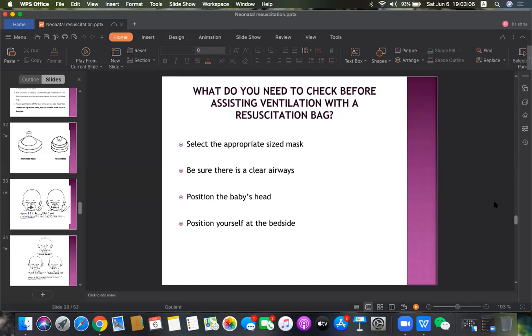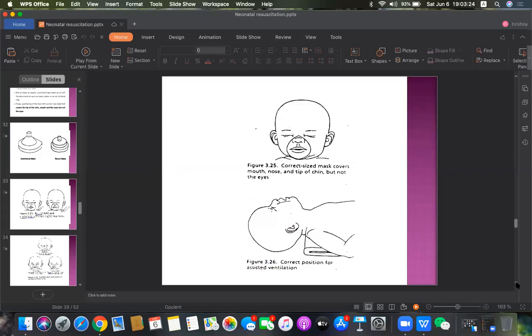I have explained this point already. And position yourself at the bedside. The correct position is you stand towards the head end of the baby, not towards the foot end, because we need to do resuscitation from the head end. Now what I'm talking about here, please have a look at these different pictures and try to know.